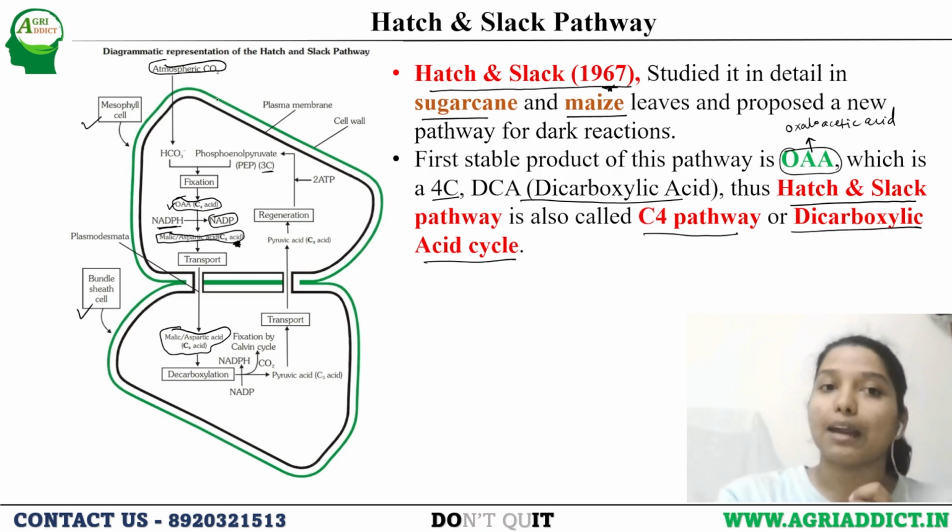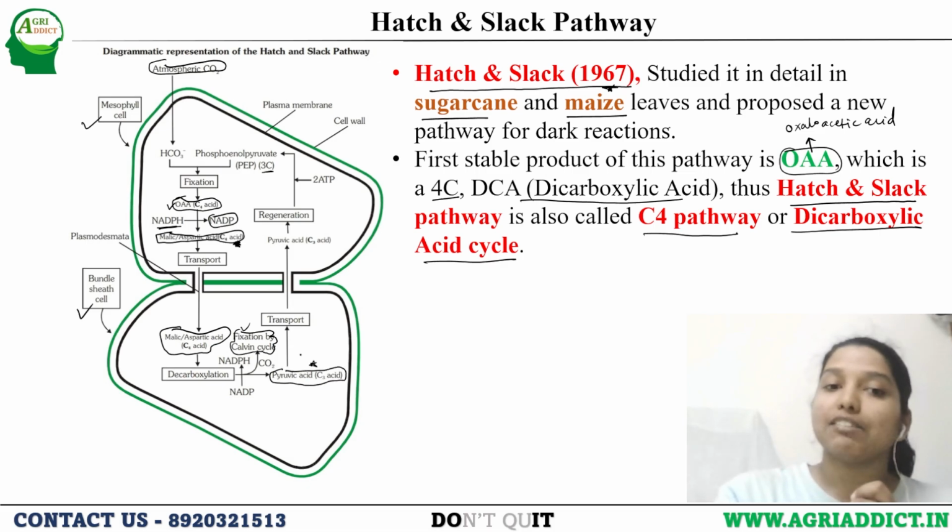The carbon dioxide we fixed here in mesophyll with the help of phosphoenol pyruvate will get into the Calvin cycle. The main cycle which is operating here in bundle sheath cell is Calvin cycle. Okay, now after releasing this CO2, this malic acid and aspartic acid is converted into pyruvic acid, which is a 3 carbon compound.